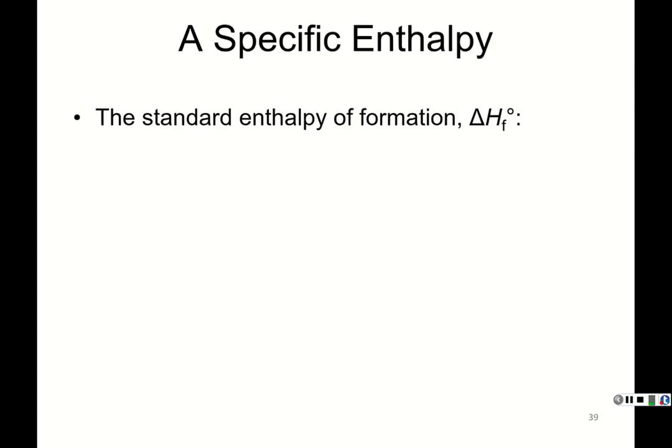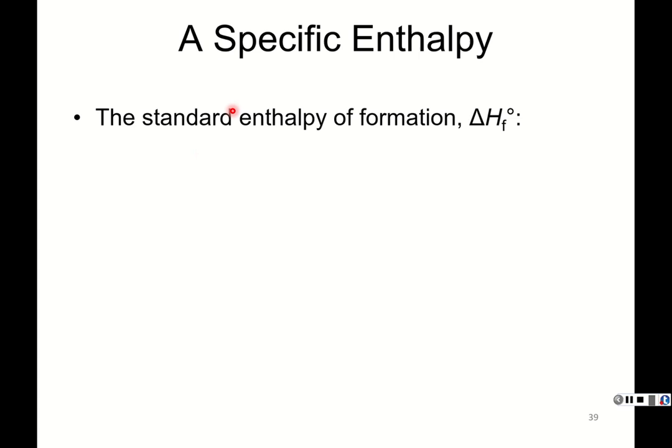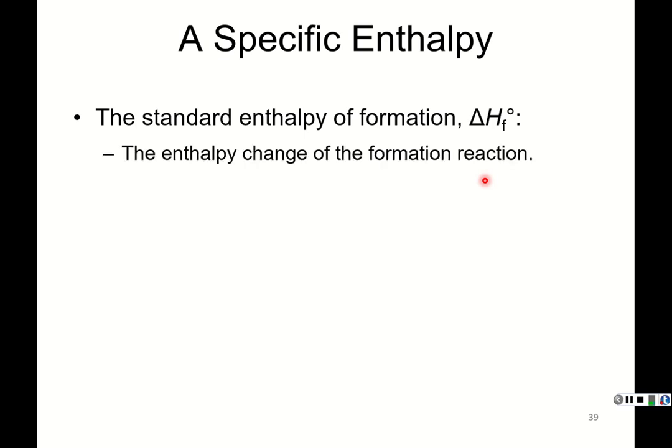The standard enthalpy of formation is something we use to describe the formation of a particular molecule, and it's denoted as a delta H. F stands for formation, and the naught just means it's at standard conditions. So you can determine these for everything, in a sense. So it's the enthalpy change of the formation reaction.